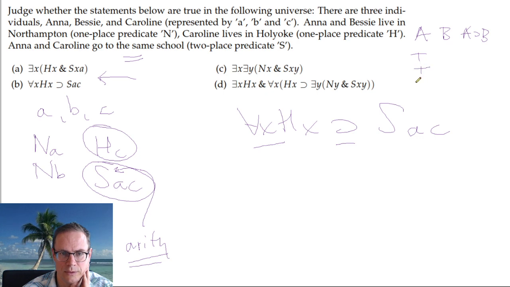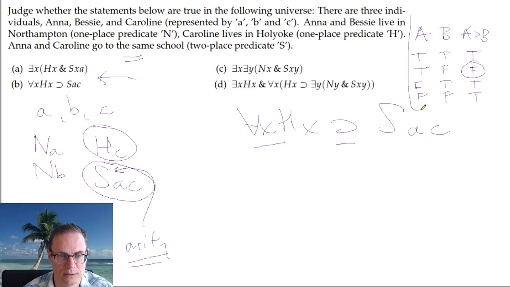T, T, F, F, T, F, T, F. The horseshoe is true when the antecedent and the consequent are true. It's false when the antecedent is true and the consequent is false. It's true when the antecedent is false and the consequent is true. And it's true when both antecedent and consequent are false.